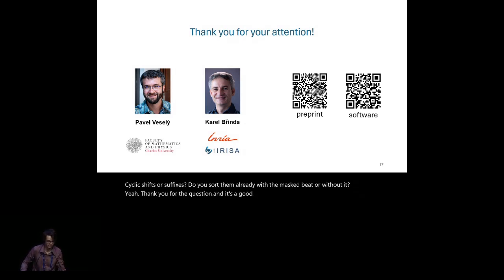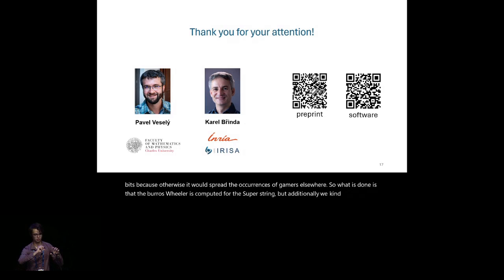Yeah, thank you for the question, and it's a good one. We sorted without the mask bits, because otherwise it would spread the occurrences of k-mers elsewhere. So what is done is that the Burrows-Wheeler is computed for the superstring, but additionally we shift the mask bits in the same way as we do with the superstring bits.